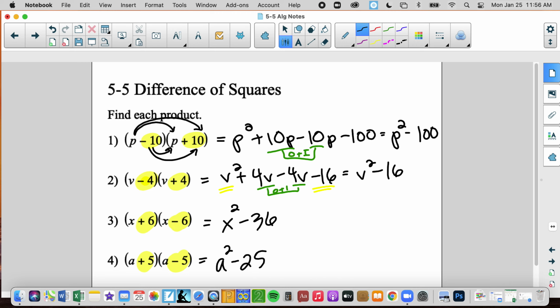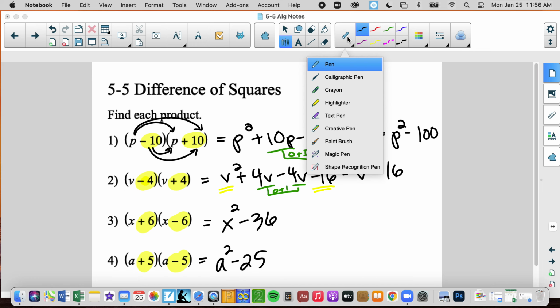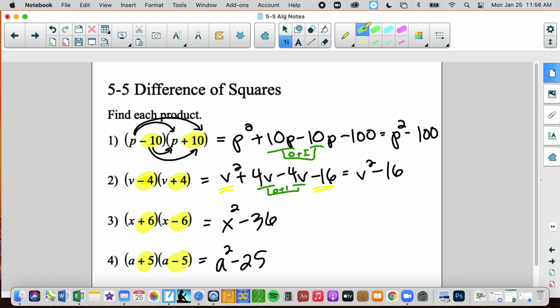And if we look at each of these solutions, we should also start noticing a pattern. We should notice that we have a perfect square and a perfect square, in every one of them. The second thing we should notice is that each of these is subtraction.